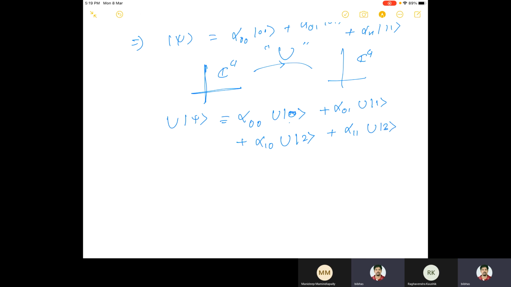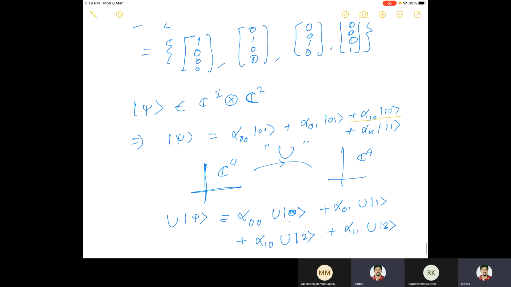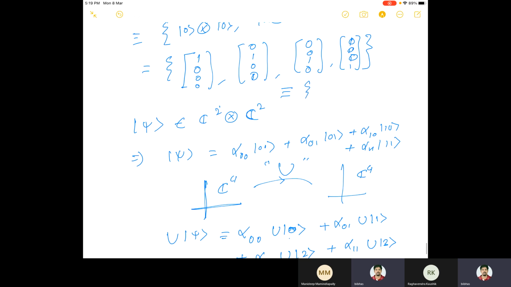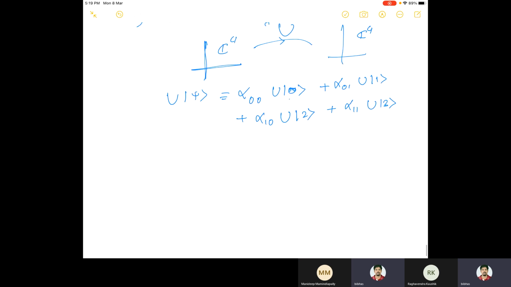So this 1 2 3 4 are nothing but the order, and here I can write 0, 1, 2, and 3. Here we are writing 0 1, this 0 is not the same as the qubit 0, because it's a two qubit state. So if we know U0, U1, U2, and U3, then we know the output of any state psi when it goes under this unitary operation U.